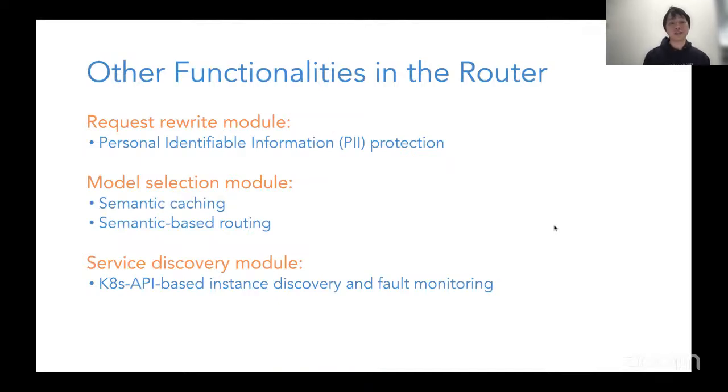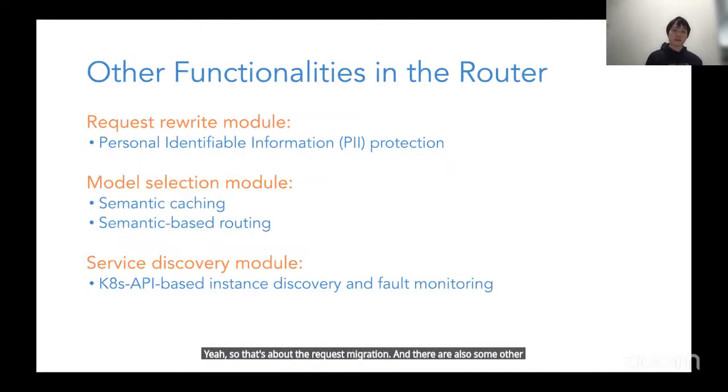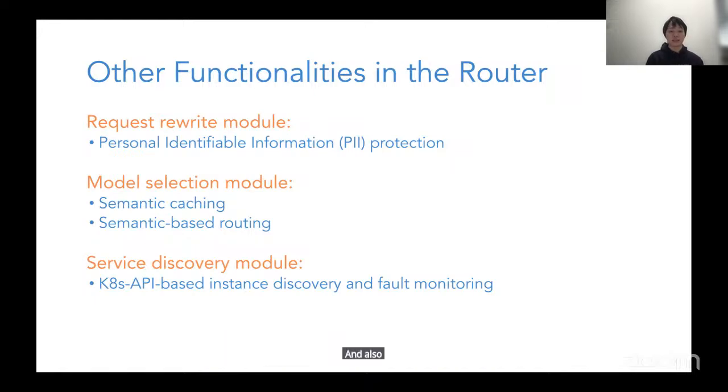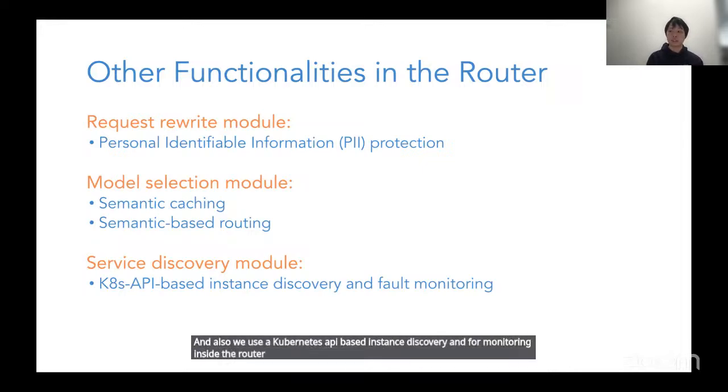And there are also some other functionalities in the router, including the request rewrite module and the model selection module. We are going to have semantic caching and semantic-based routing. And we also use Kubernetes API-based instance discovery and fault monitoring inside the router to monitor the vLLM instances in real time and update the router in real time.